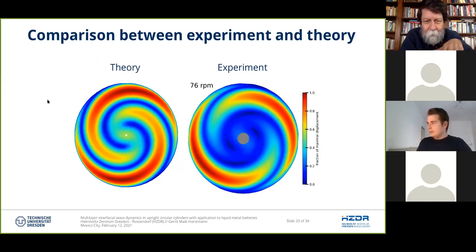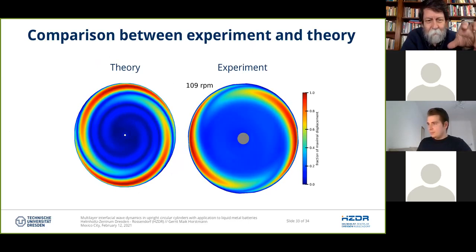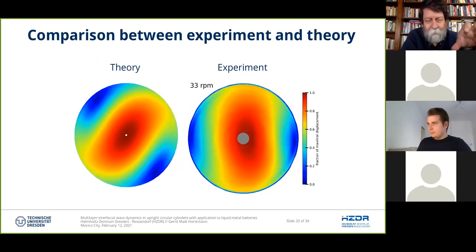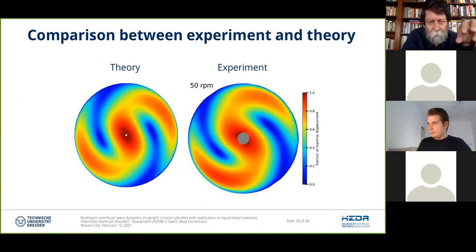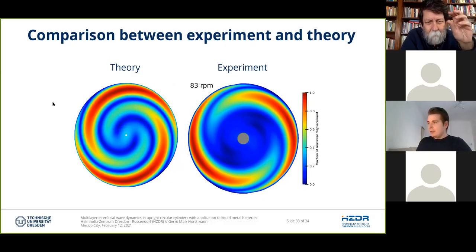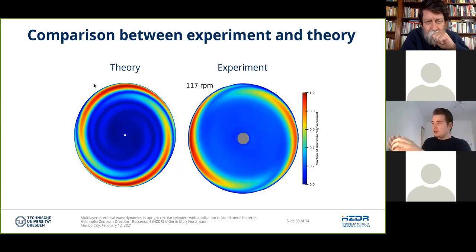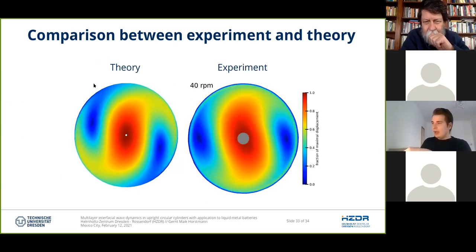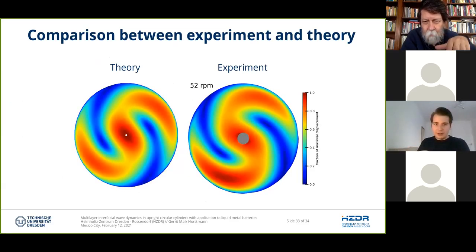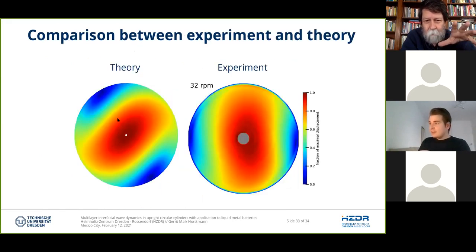And I understand that in the theory, you don't have the possibility of instabilities of these waves because you're considering a linear theory. Am I right? No, these waves are predicted by my sloshing theory, which is linear. So yes, this follows completely from the linear solution.